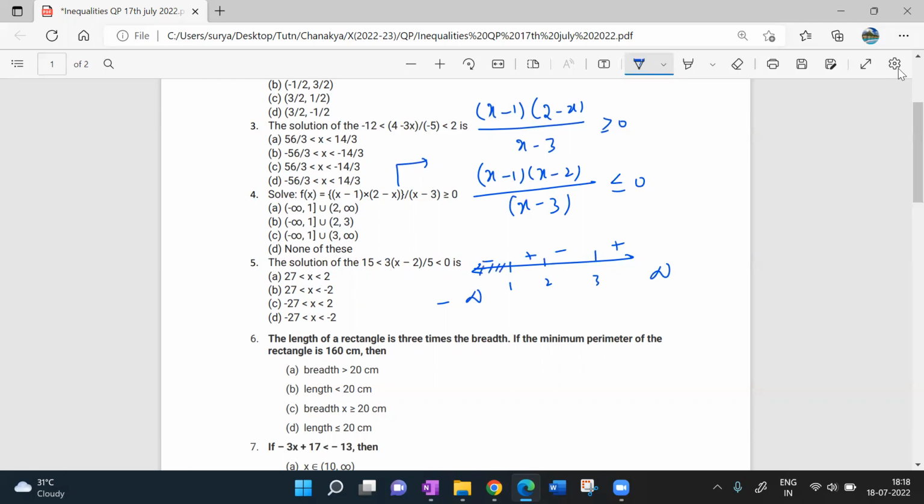I need the negative region. So minus infinity to 1, close bracket, union 2 to 3, close bracket at 3. Option B should have had a close bracket here, right? Yes, option B is correct, but there should have been a close bracket.